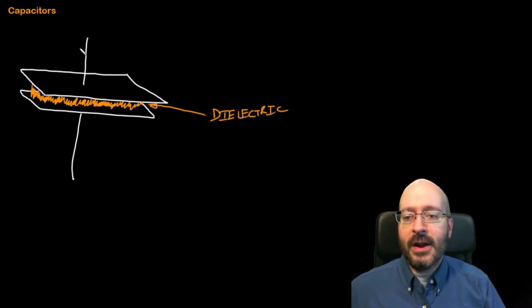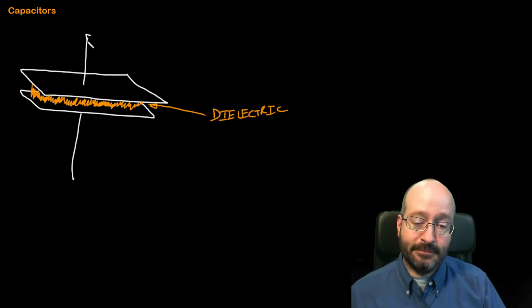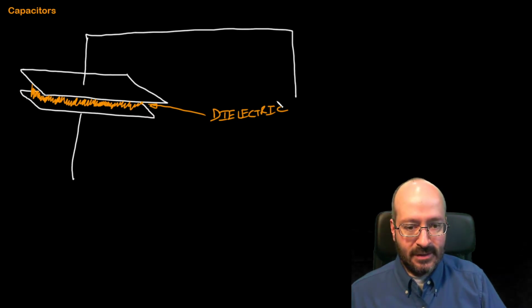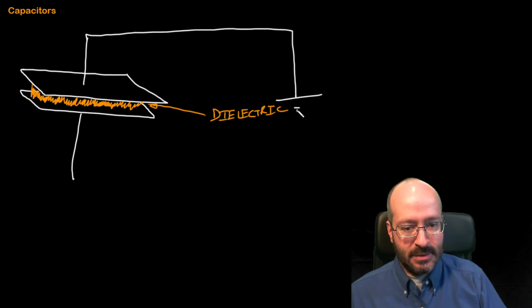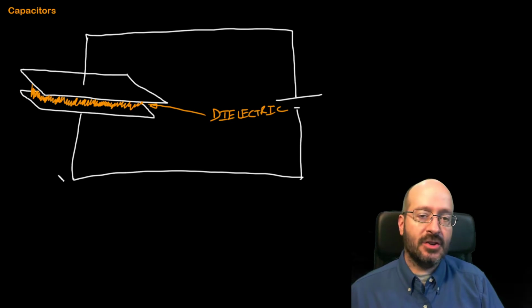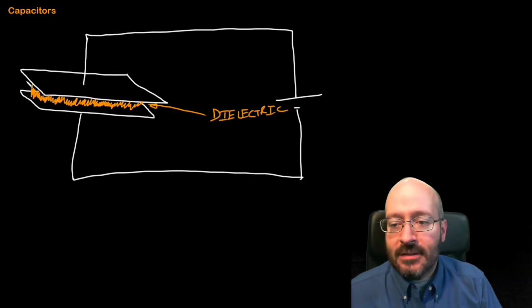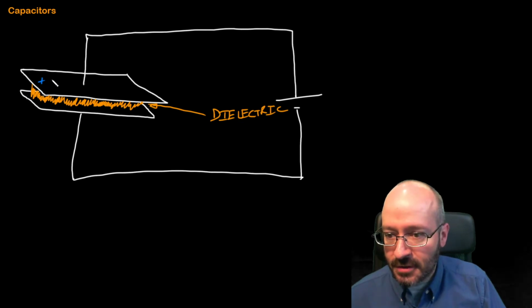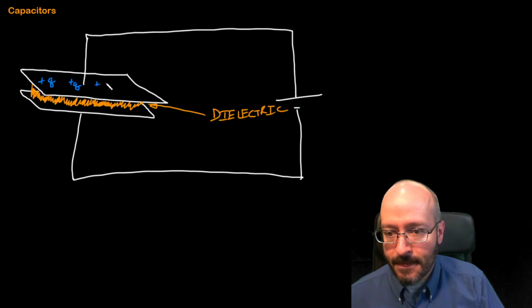Okay, and we have these two plates. Now, if we want to create that charge differential, let's stick a voltage supply out here, maybe just a battery for starters, and we create some change in potential energy between the two plates. That's going to lead to a bunch of positive charge collecting on the top plate as I have it drawn here.